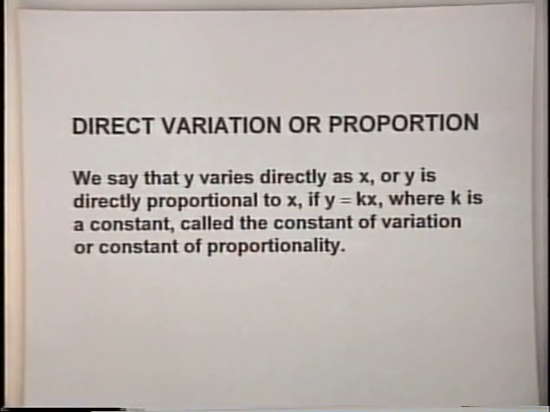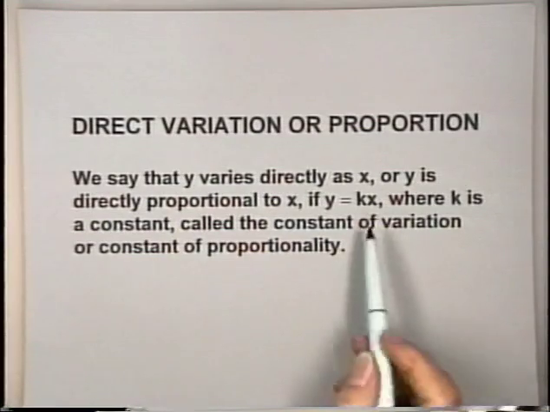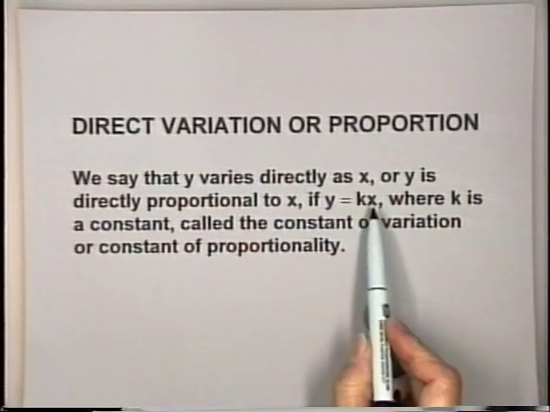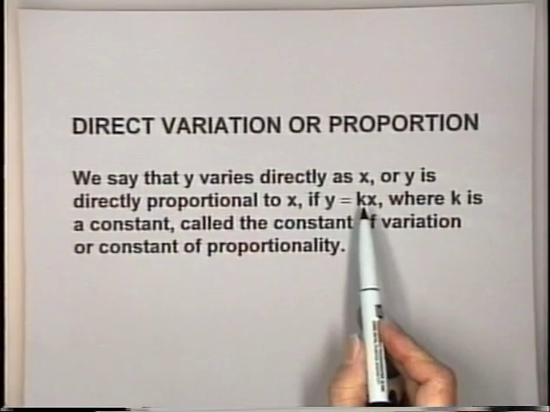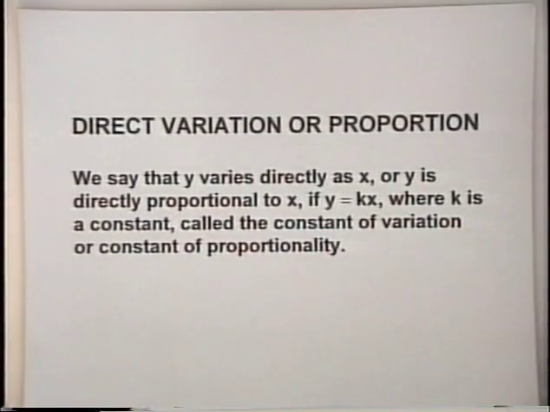We say that y varies directly as x, or y is directly proportional to x, if y is equal to k times x, where k is a constant called the constant of variation or constant of proportionality. So if we have y equals a multiple of x, k times x, this constant k is our constant of variation.